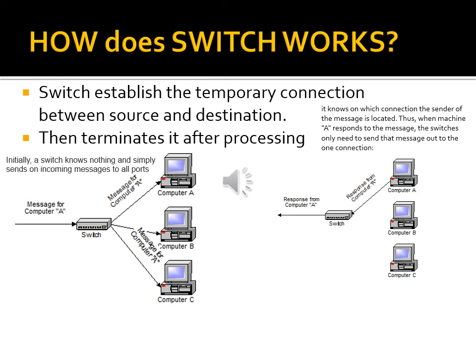After all the ports receive the message, only A responds. It will get the response only from A, and it will be passed to the originator. The others are disconnected.